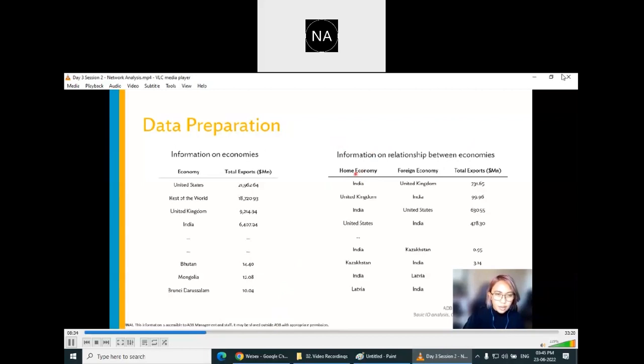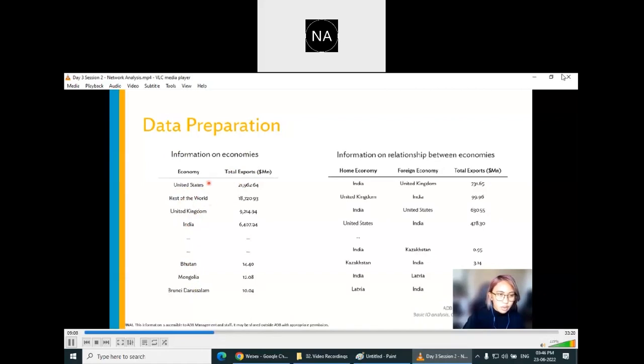So when you do that, you're gonna arrive at this data set, the first one at the right side. This data set should have a home economy, foreign economy, and then the exports value. Now all of the economies should be trading with India. So India, United Kingdom, India, and so on. But other than this information, we also need other information, specifically on the economies.